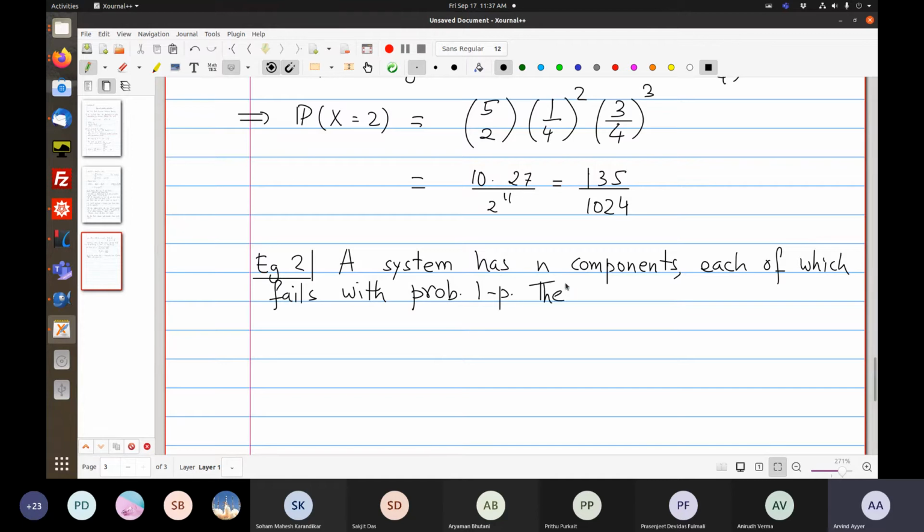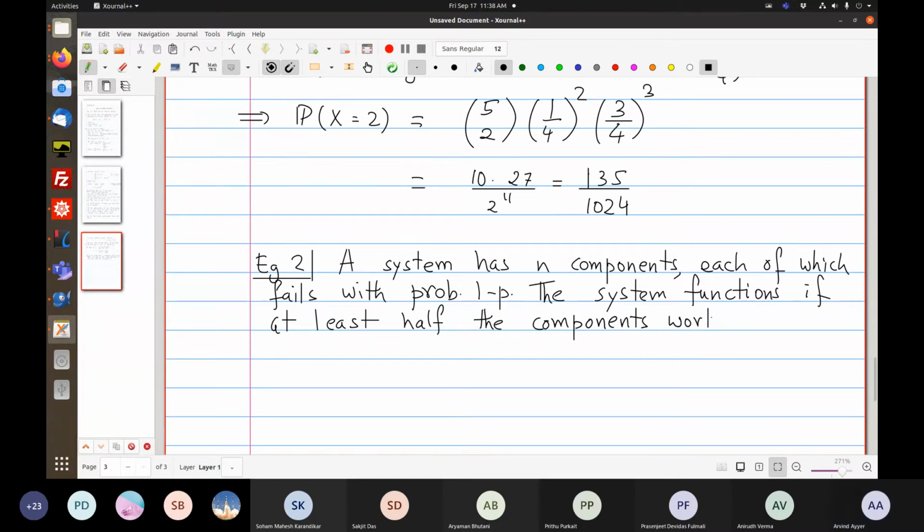The system functions if at least half the components function. Half the components work. So there are some redundant components, but this is not uncommon. One often keeps fail safes in case something malfunctions.